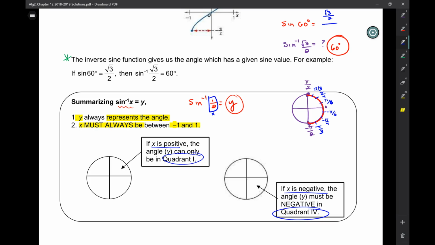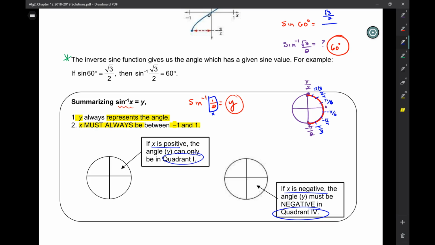Now, here is a question for you. Where is 7 pi over 4? What quadrant? 7 pi over 4 is in quadrant 4. But can that be an answer in a problem like this?